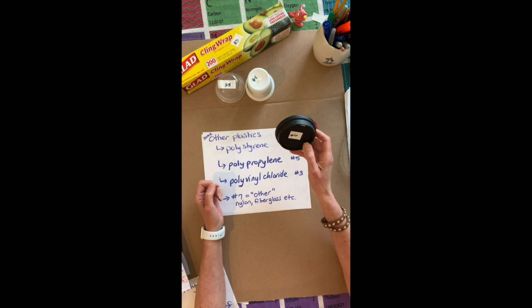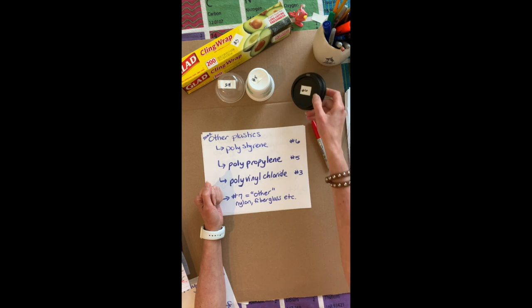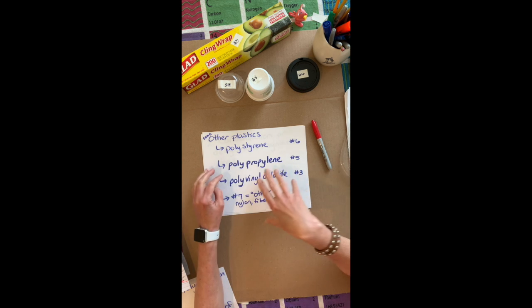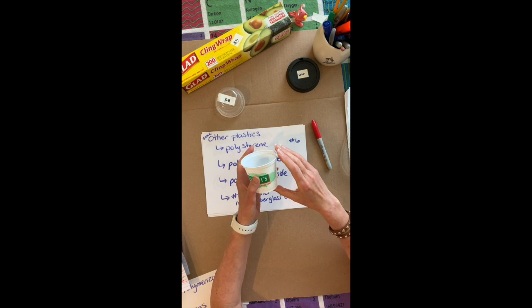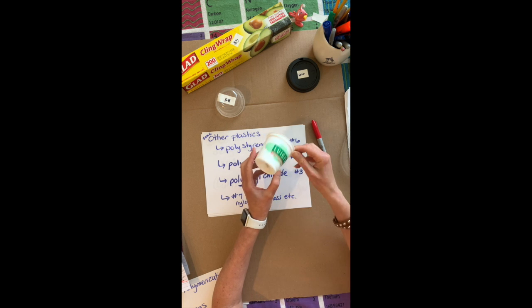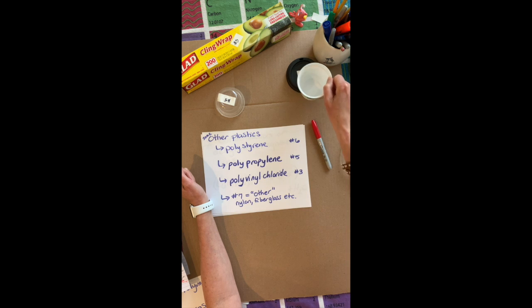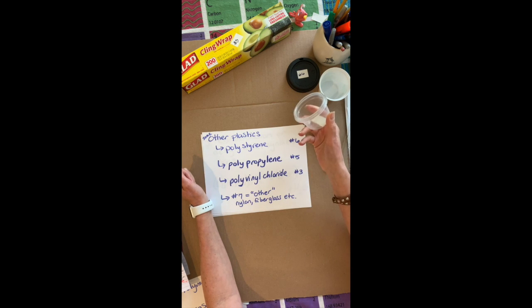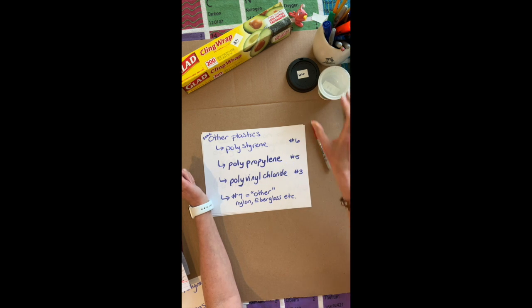There's a whole wide range of plastics that would have the number 6 polystyrene as the component. Then we have polypropylenes. I have two number 5s. This is a favorite snack of mine at night, and this cup happens to be a polypropylene product. And then your other food containers like this are polypropylene as well.